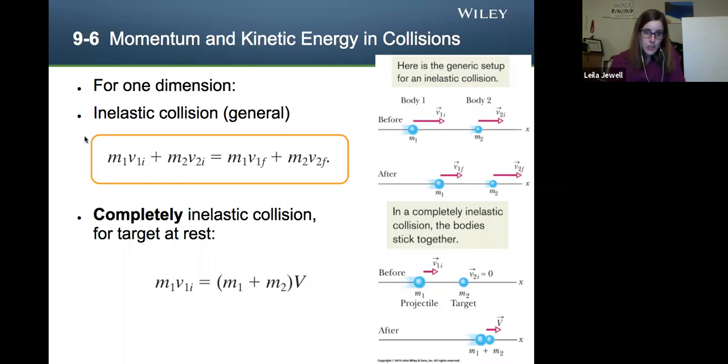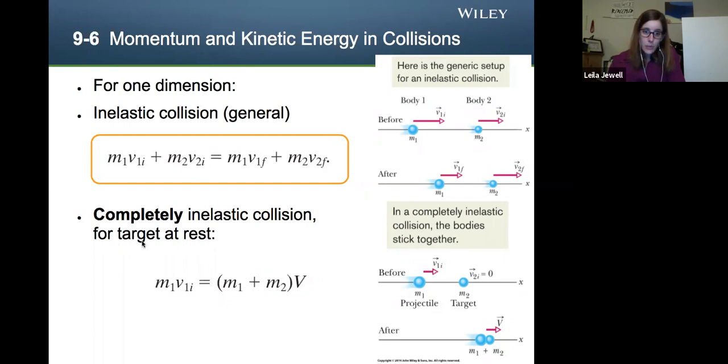And I put an extra box around this equation because anytime you have two objects that collide with each other, this equation is probably relevant. It's our most general way to state the conservation of momentum. After this equation, you can get into some special cases. Like right below it, there's a special case that you look for a completely inelastic collision with a target at rest.